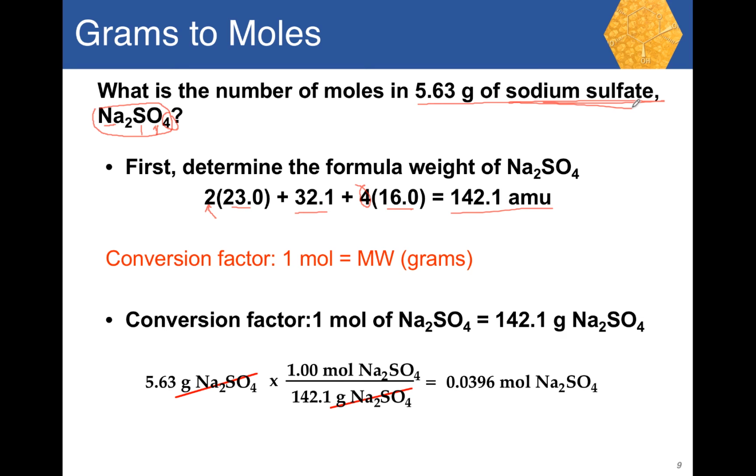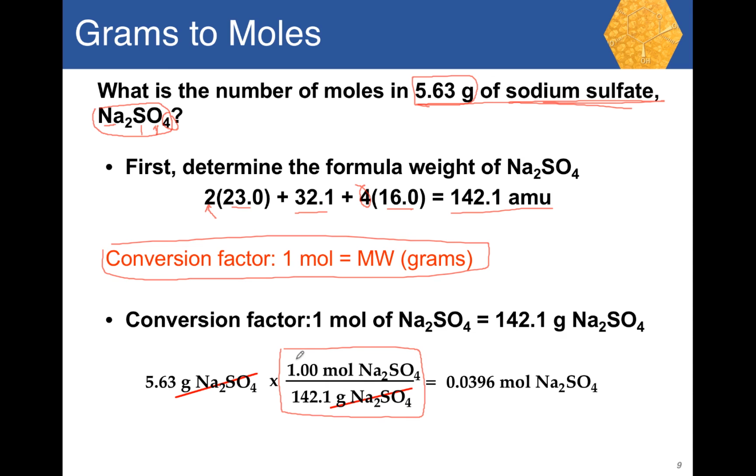Next, we need to find out the number of moles in 5.3 grams. Here is our conversion factor. 1 mole of anything, in this case sodium sulfate, is equal to the molecular weight of anything, in this case sodium sulfate. We set up our conversion factor right here, because 1 mole of sodium sulfate is equal to its molecular weight in grams, 142.1.